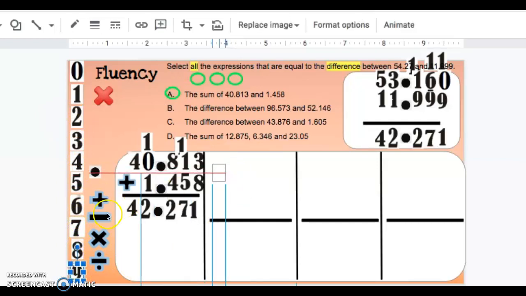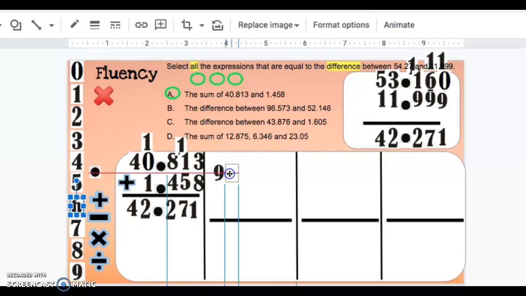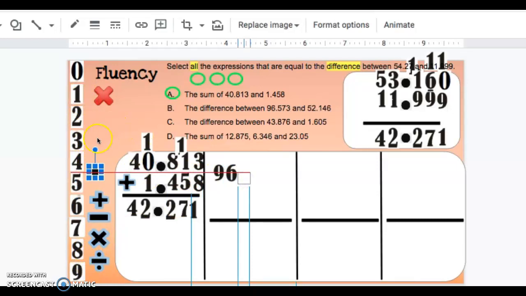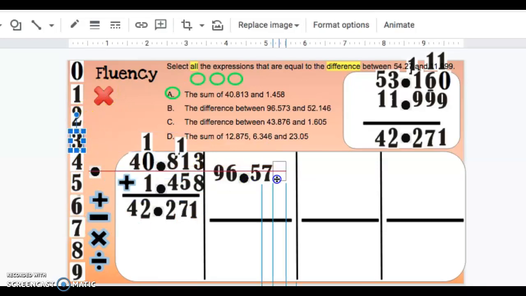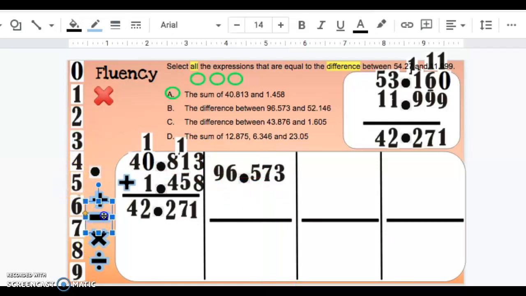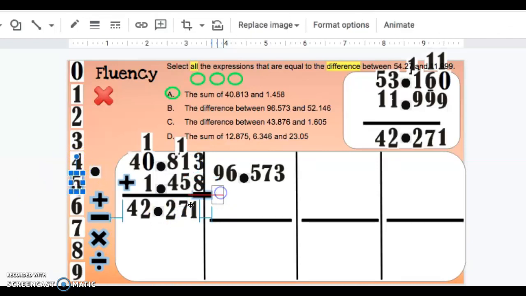So I get 9, 6, put my decimal point, 5, 7, 3, minus 52, 5.